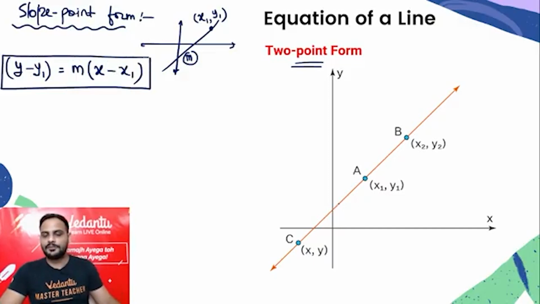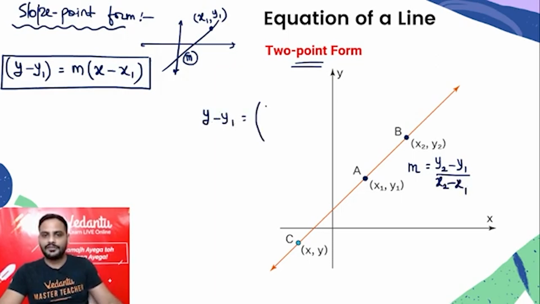A 2-point form means I will not even give you the slope this time. I'll give you any 2 points present on this line. So this time, if I give you 2 points, the slope m will be (y2 minus y1) upon (x2 minus x1), and following this, y minus y1 is equal to m, where m is (y2 minus y1) upon (x2 minus x1), multiplied with (x minus x1).